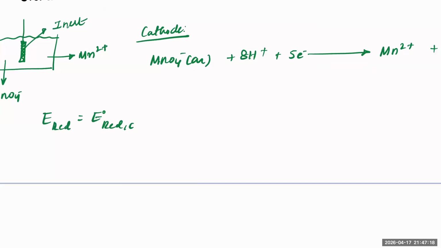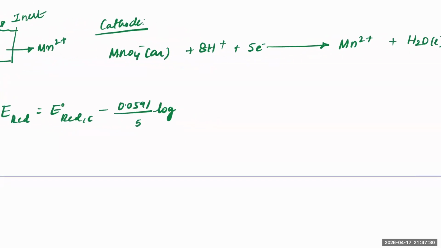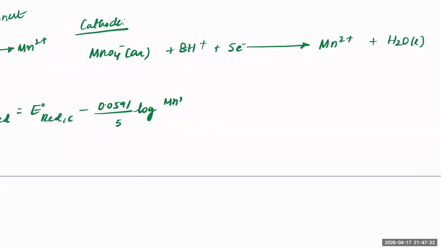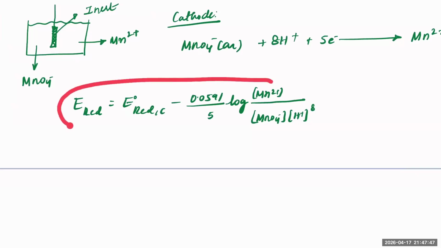You can say E of reduction is equal to E naught of reduction at cathode minus 0.0591 by n log of Mn2 plus concentration upon MnO4 minus concentration into H plus concentration power 8. This is how you can calculate the reduction electrode potential of this half cell.